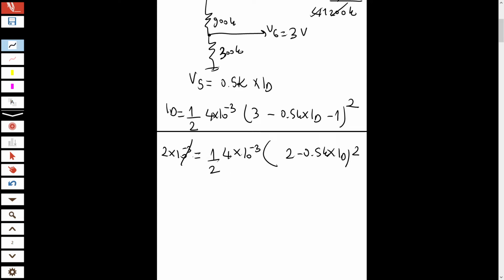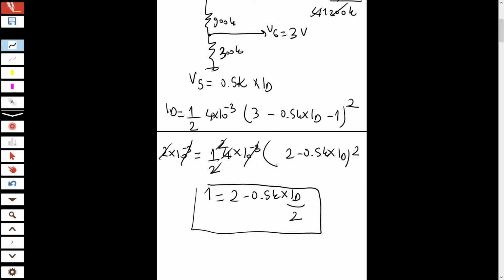Here I will make necessary cancellation. So 1 equals 2 minus 0.5k times ID, and I know ID is 2, so my equation is correct.